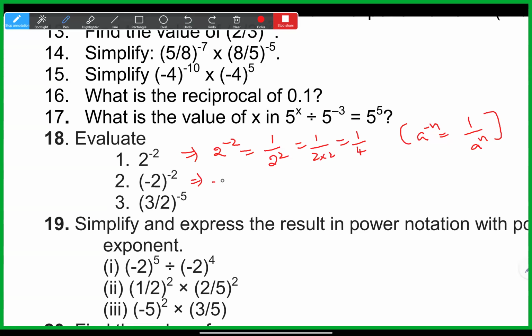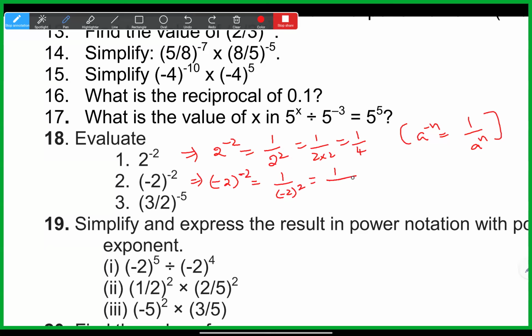Similarly, this one also. Can you tell the answer? Minus 2 power minus 2 is equal to what? Sir, 1 by minus 2 power 2.